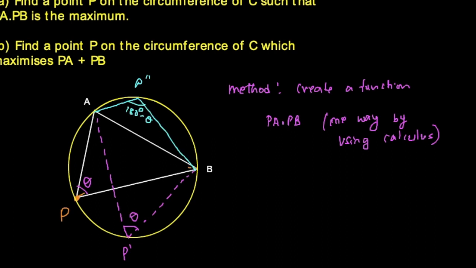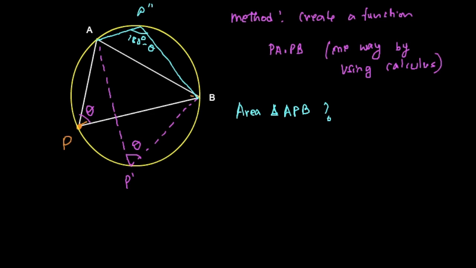So what is the area of triangle APB? This is the first hint. You may pause the video here and think a little bit about it. What is the area of triangle APB? Well, what we can say is the area of triangle APB is half times PA times PB times the sine of the angle in between.